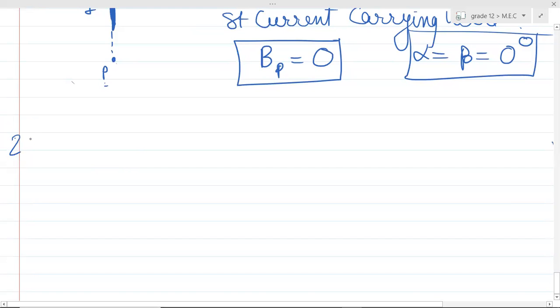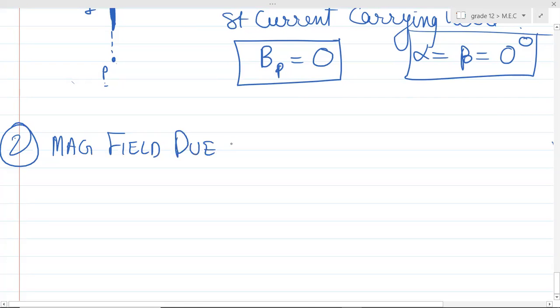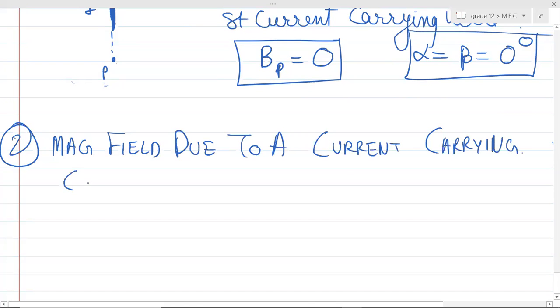So the next, second application is basically magnetic field due to a current carrying circular arc.